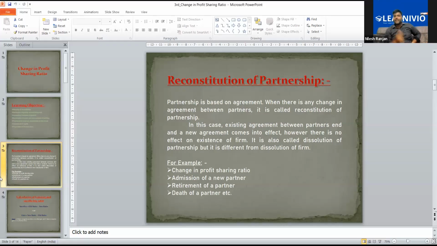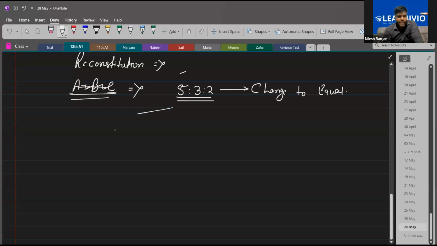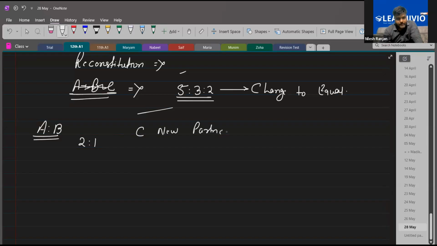So for example, if there is any change in profit sharing ratio, or if a new partner is coming, in all of these situations, the ratio will change. Let's say there are only two partners, A and B. Their profit sharing ratio is 2:1, and there is a new partner who is coming into the business for 1/4.